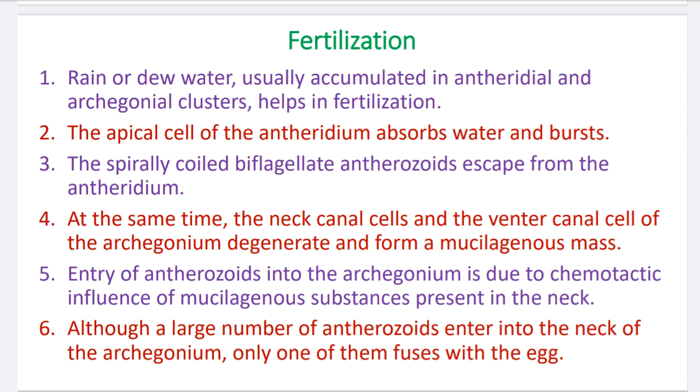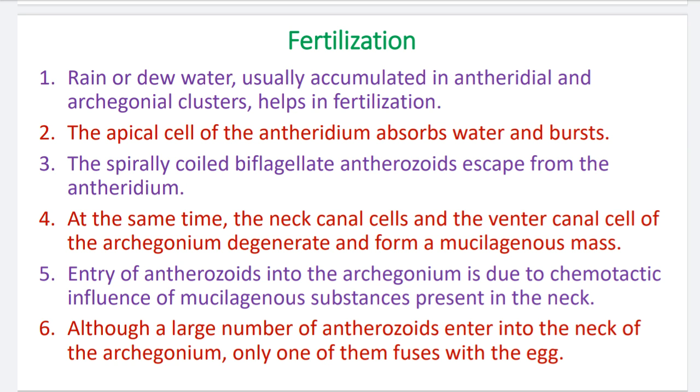Okay. Number 5. Entry of antherozoids into the archegonium is due to the chemotactic influence of the mucilaginous substance present in the neck. Chemotactic influence means what? Due to the smell of the mucilaginous substance, the sperms or male gametes are attracted toward the archegonium.